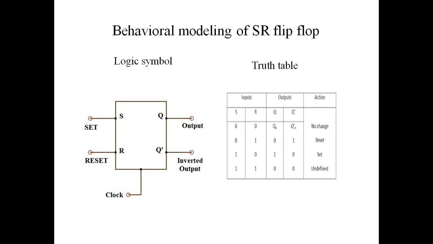If S is equal to 0 and R is equal to 0, the first condition, then the previous state is remembered by the flip-flop, no change. But when both the inputs are 1, the last condition, SR flip-flop will be in an uncertain state where both Q and Q bar will be same.